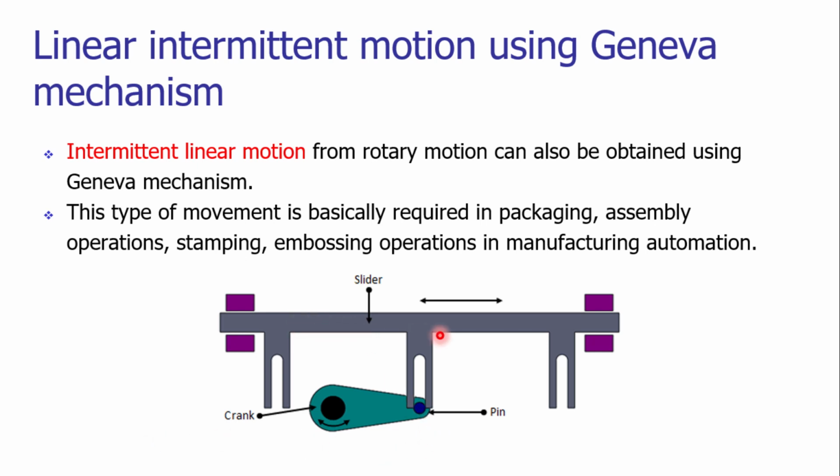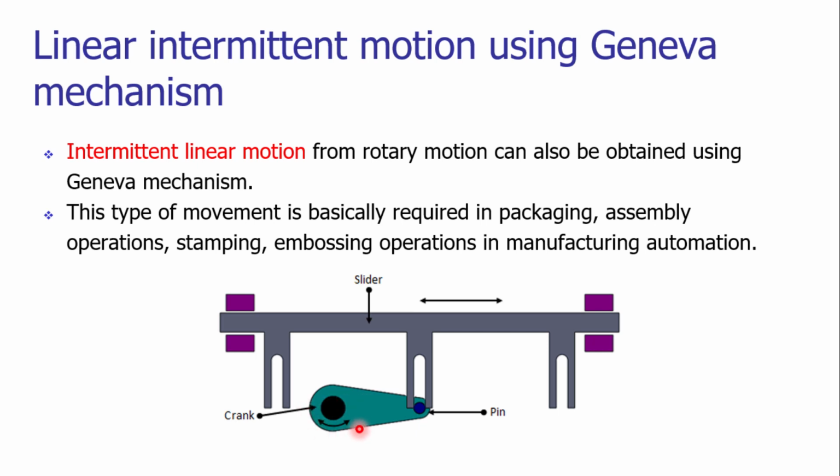So it has a slider. On the slider we put the work parts, or we have the table. On the bottom side of the slider we have slotted plates which are attached to the slider. These slotted plates are engaged with a crank, and the crank is mounted on a crankshaft. On one side of the crank we have a pin which is in connection with the slots.